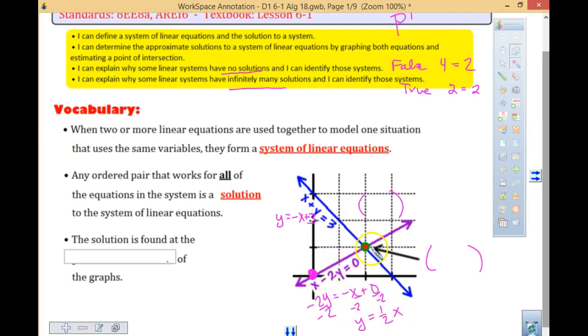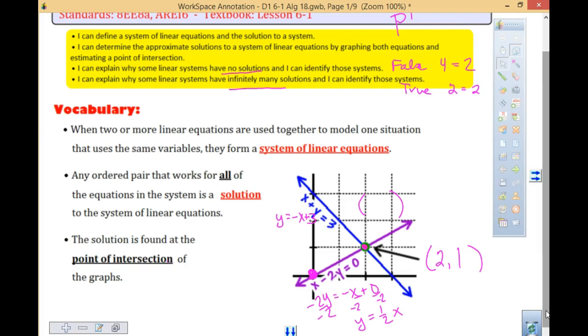Does that look like 1/2 x? So my point of intersection here looks like it is at 2, 1. And if I replace the x and y in both equations with those 2 numbers, it should make both of them true. So the solution is found by the point of intersection on our graphs.